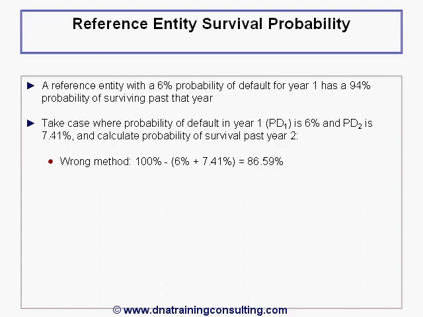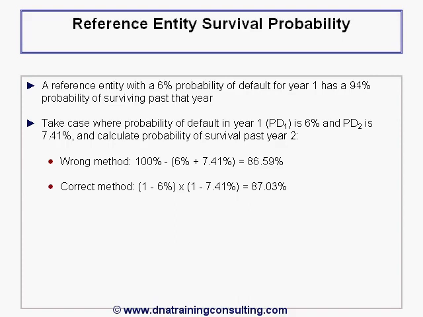Therefore, we need to multiply the probability of surviving year 1, hence the first parenthesis, by the probability of surviving year 2, assuming you have survived year 1, hence the use of the conditional default probability here of 7.41%, and this multiplication gives us a survival probability for 2 years of 87.03%. Therefore a little higher than what the incorrect calculation immediately above would have yielded.